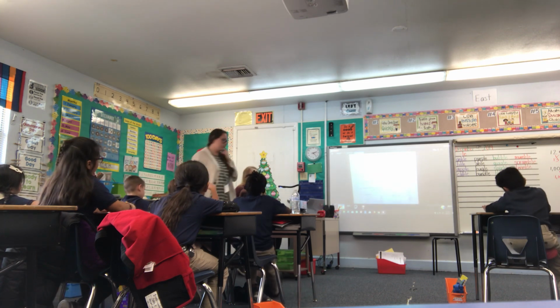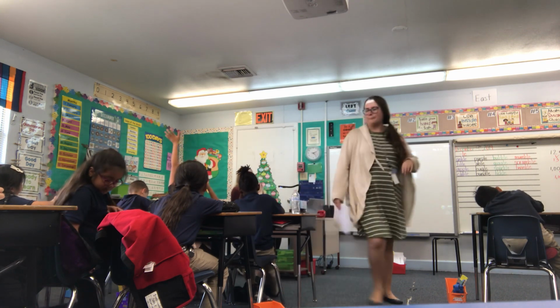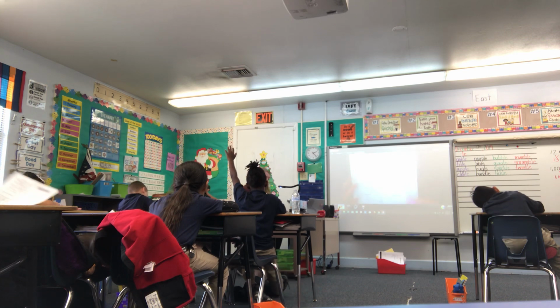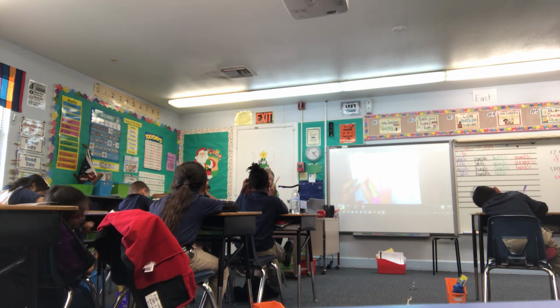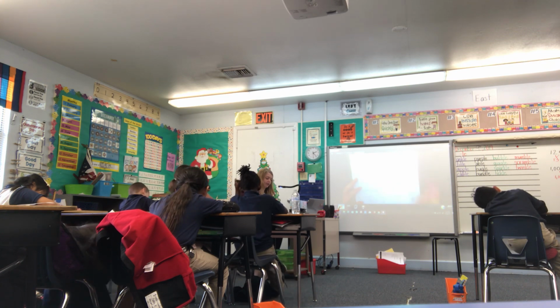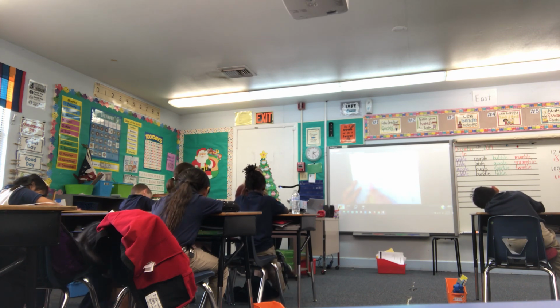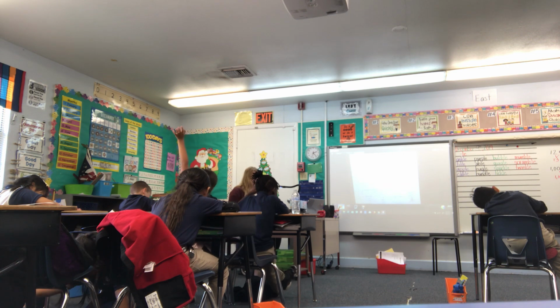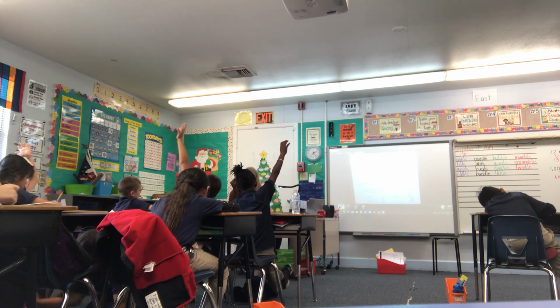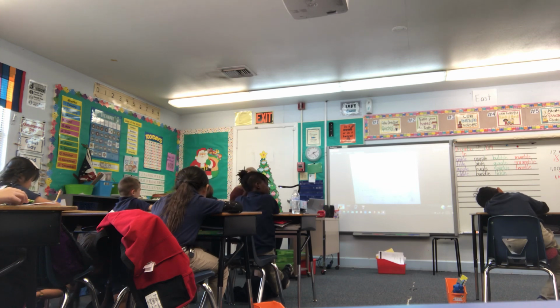Okay, how many big squares, how many big boxes should we be doing? Isabella? 3. And why do we do 3? Because there are 300. The 3 is in the hundreds place, and these are the hundreds. How many 10s do we do? How many lines? Jaden? 0. Why don't we do any lines for the 10s?